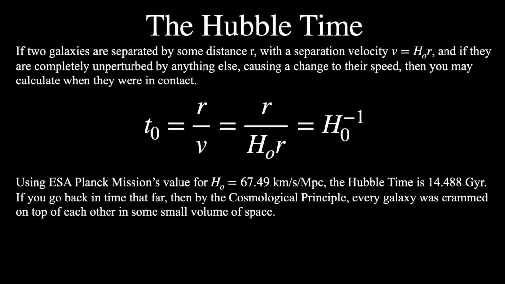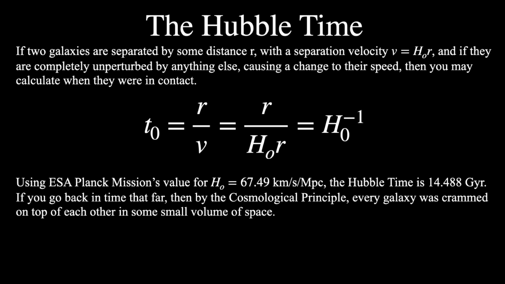Modern Cepheid variables give us 73.2 kilometers per second per megaparsec, and that gives us a different Hubble time of 13.358 billion years, not light years, years or gigayears. And that makes a big difference because the Cepheid variables show about 13.4, and the cosmic microwave background shows about 14.5 billion years for this characteristic Hubble time. That makes the Hubble constant important because that's almost a billion years of difference in the Hubble time.